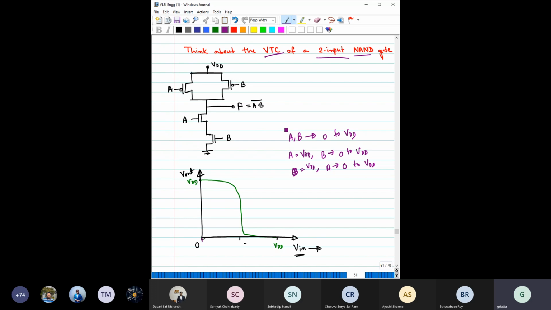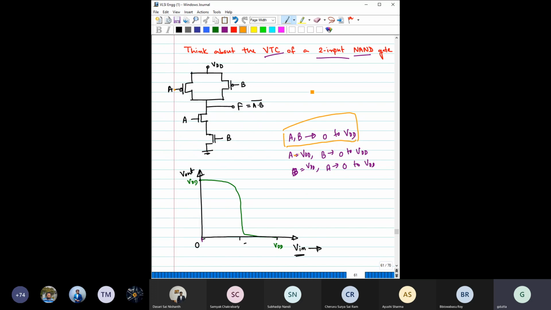Okay. So let us take the very simple case, when A and B both are changing simultaneously from 0 to VDD. So that means you have basically shorted A and B, and they are changing together, because to plot the VTC you have to change this input voltage from 0 to 1, 1 meaning VDD, the maximum supply voltage.